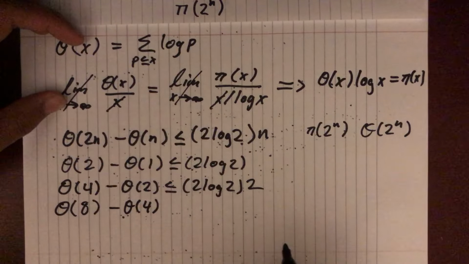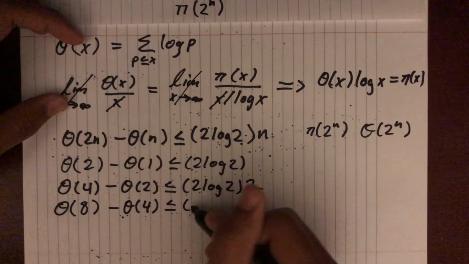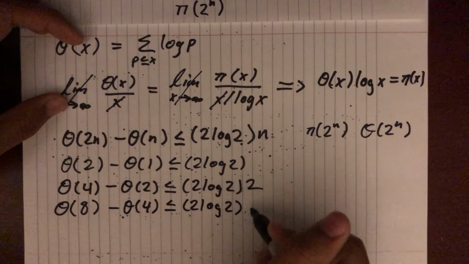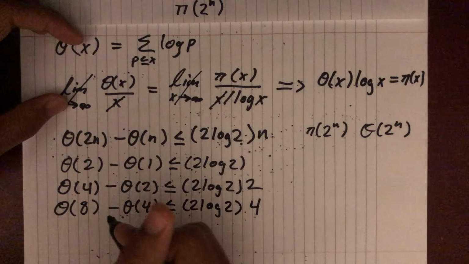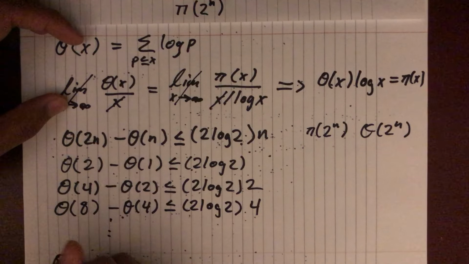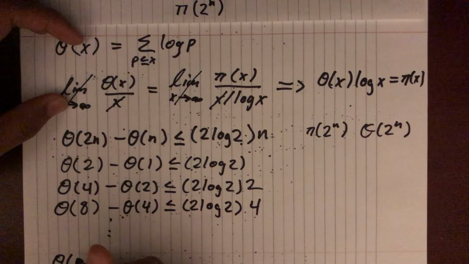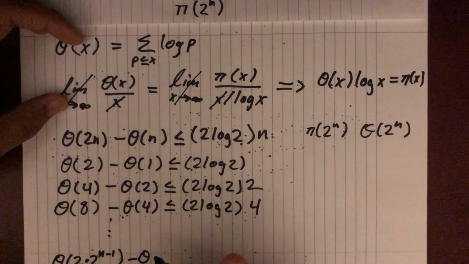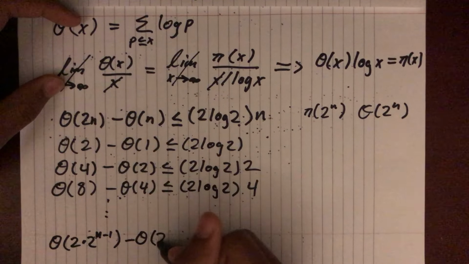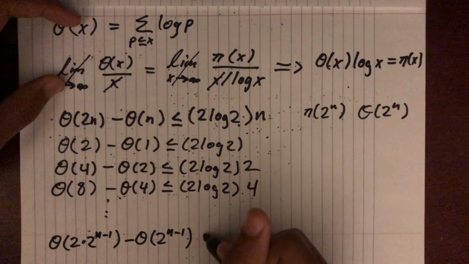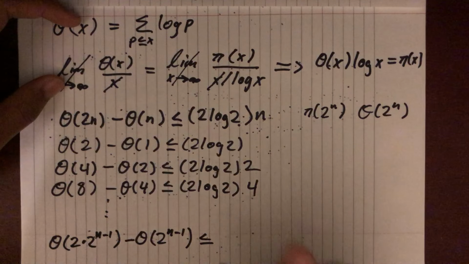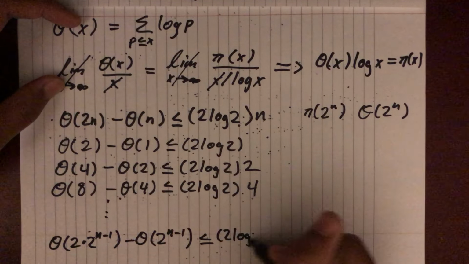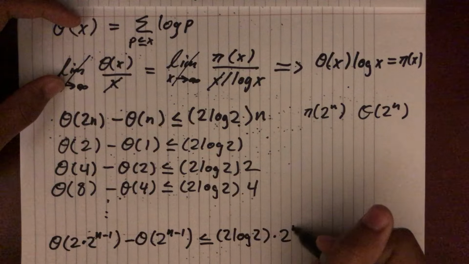Oh, sorry, I'm off the page. Less than or equal to 2 log 2 times 4. And I could keep going all the way to, let's see, what do I want to do? Theta of 2 times 2 to the n minus 1, which is 2 to the n, minus theta of 2 to the n minus 1, which is less than or equal to 2 log 2 times 2 to the n minus 1.